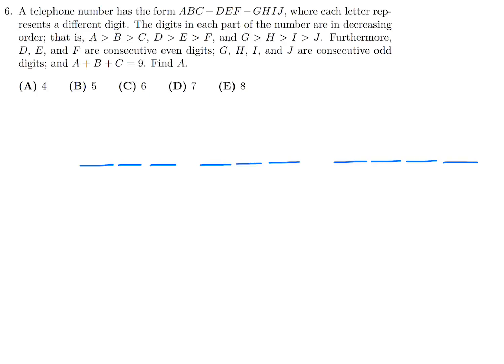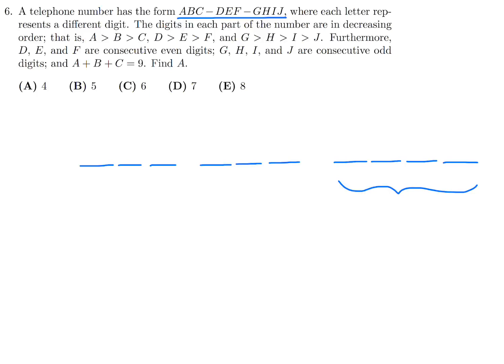All right, so let's first figure out what they're saying here. You've got 10 digits in that form, A, B, C, D, all the way till J, and we have to fill them in. So our digits obviously are from 0 to 9, because there's 10 of them. Now, let's concentrate on this part right here. It's consecutive odd digits.